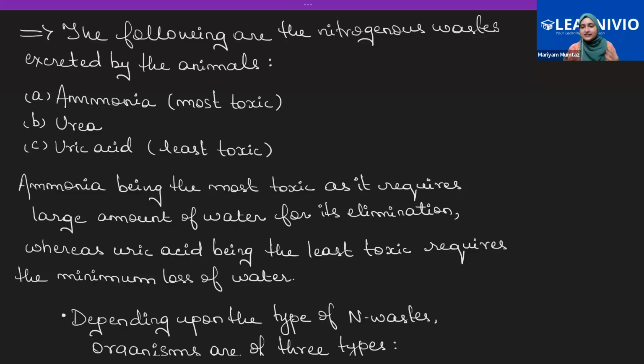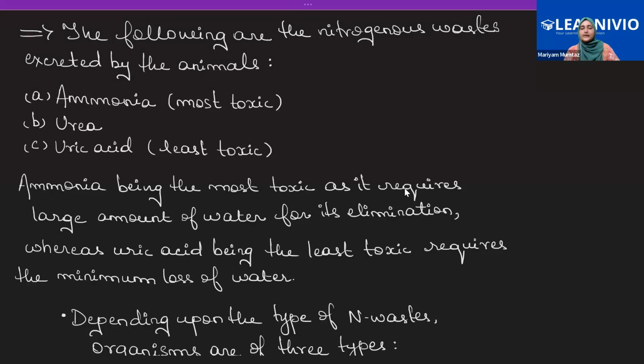Excess of uric acid starts to get deposited in our joints. That causes gout, right? So this is bad, definitely. But it is less toxic as compared to the rest of the nitrogenous wastes, meaning that it requires minimal loss of water for it to be eliminated out of the body. Is it clear?